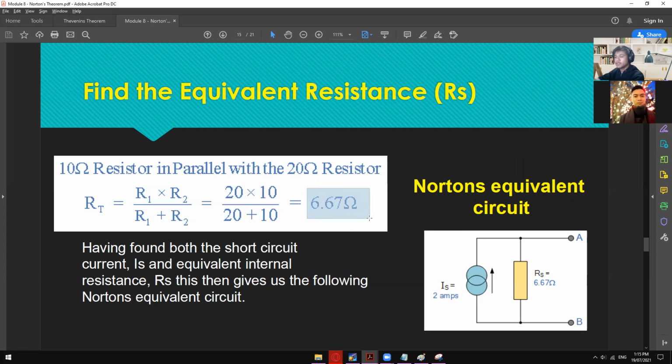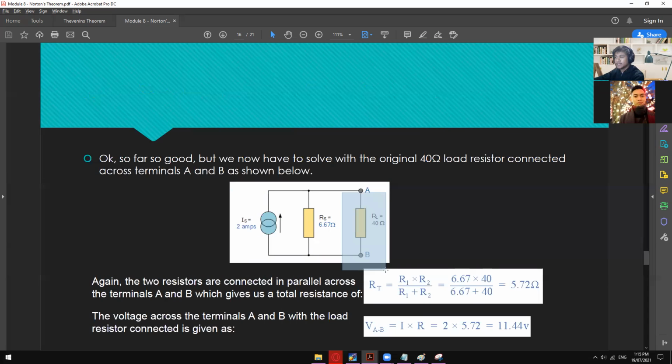It will give you a value of 6.67 ohms. So with that, you now have the values for your IS or I Norton, and then RS or the R Norton. And then you can just simply put here the RL later on, which is this one. From here, you can now solve for the total resistance, and then you can solve for the voltage across this RL, or the VAB.